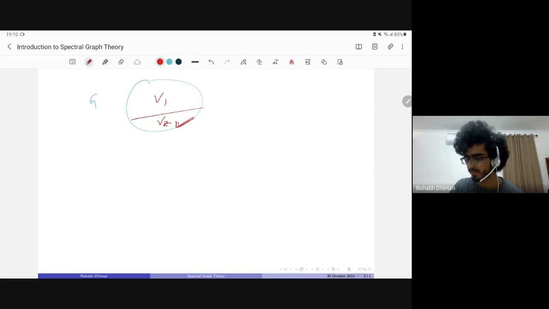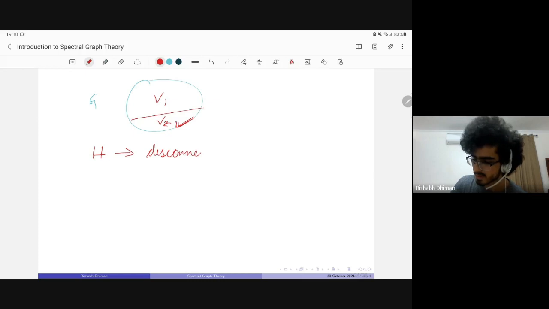And if this graph H becomes disconnected, its algebraic connectivity lambda 1 will be 0.